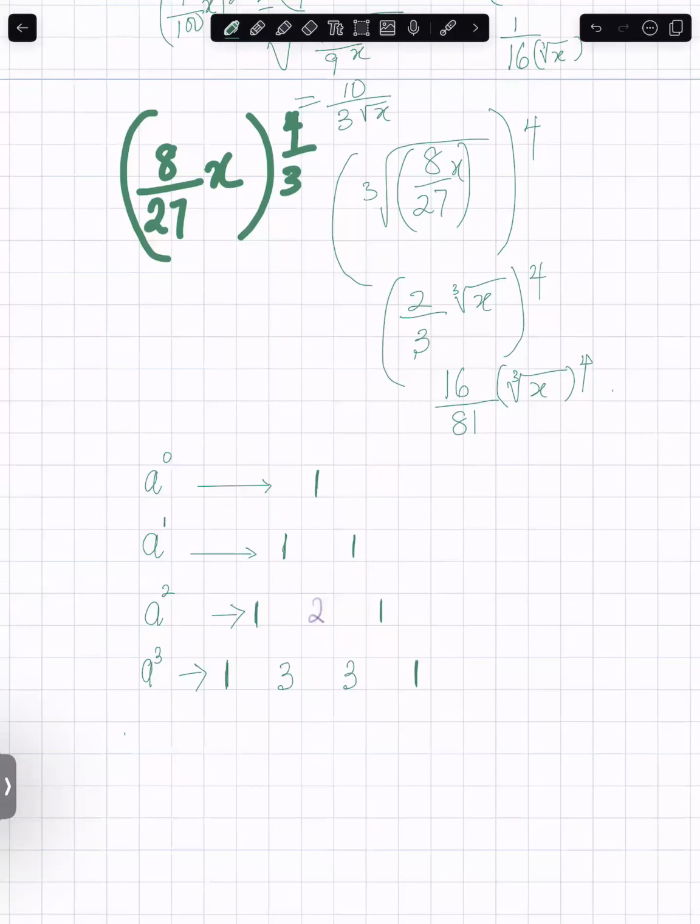Then when I have a function raised to 4, I will also have my 1 coming down. Okay, I have this added to this, which is 4. Also, you have this added to this, which gives 6. Then you have this added to this, which gives 4, and note your last one comes down.